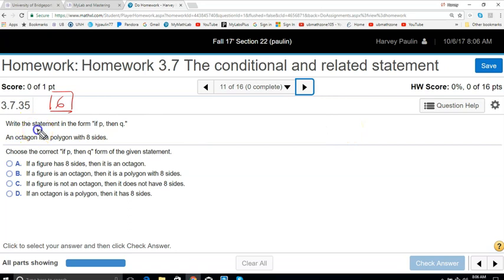Again, this is P, then Q. So if a figure is an octagon, then it's a polygon with 8 sides. Again, when you do the homework, sometimes it might be the same example, but the order of these letters may be different. Give it your best shot.